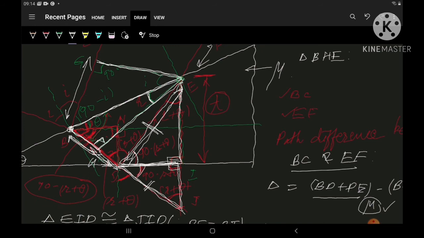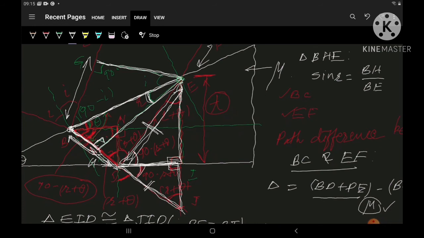Now here we have to calculate BH. So how can we find it? In triangle BHE, let us consider sin R. Sin R will be equal to perpendicular upon hypotenuse. Perpendicular means BH, upon hypotenuse means BE.